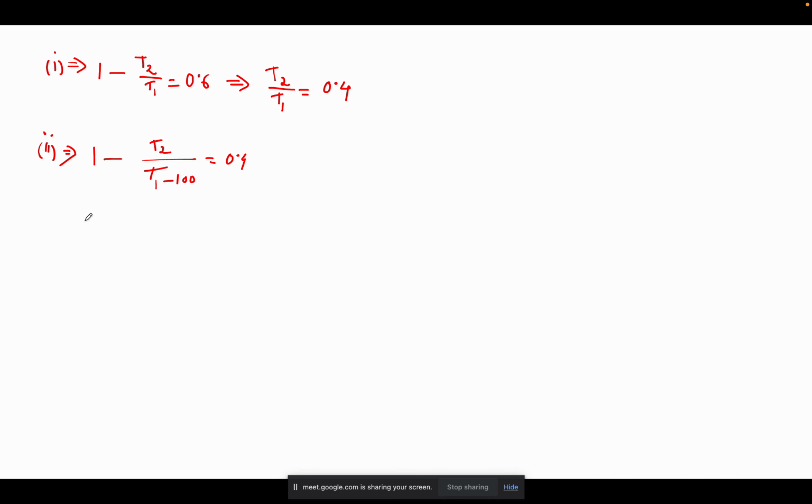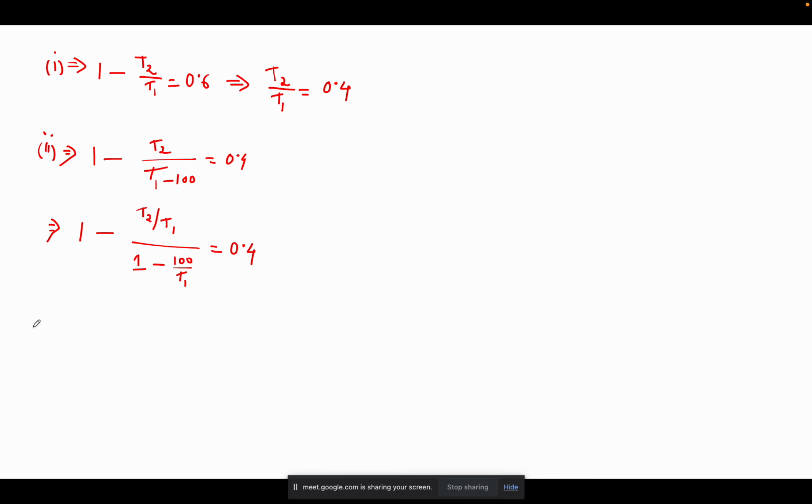Okay, now this will be just simple mathematics. T2 divided by T1 minus 100, I am dividing both the numerator and denominator by T1. This will be 1 and this will be 100 by T1, and that will be equal to your 0.4.